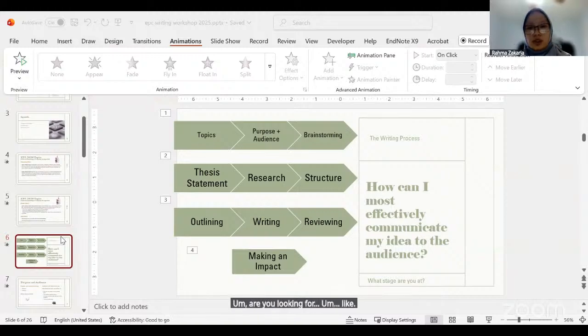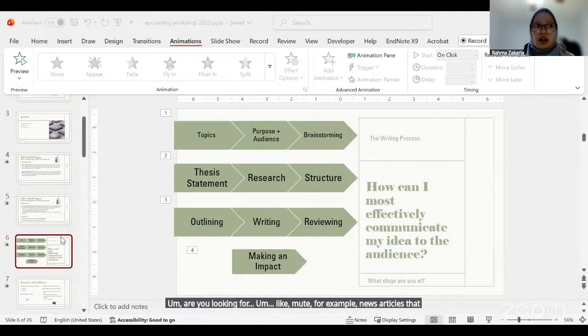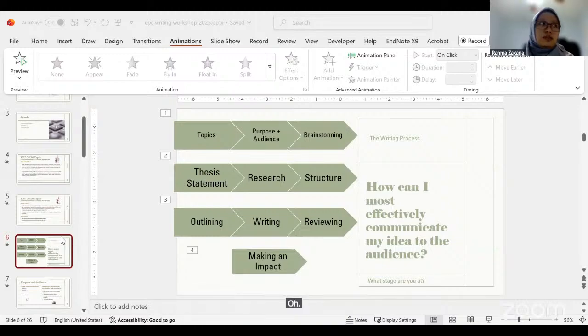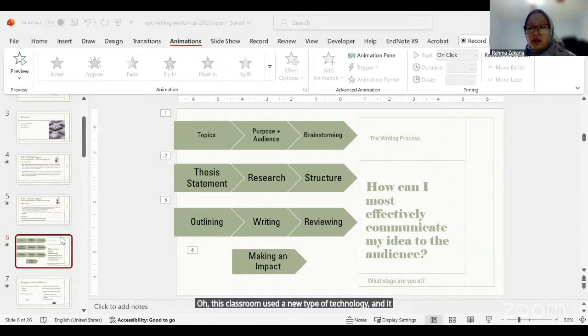For example, news articles that mention, oh, this classroom used a new type of technology and it really improved the way that the class learned about this topic. So things like news articles might be good for stories or examples of different things in society. So yeah, different magazines or newspapers, things like that.